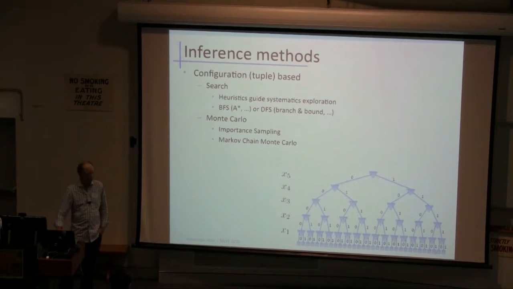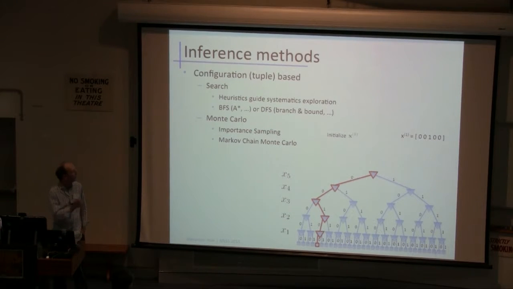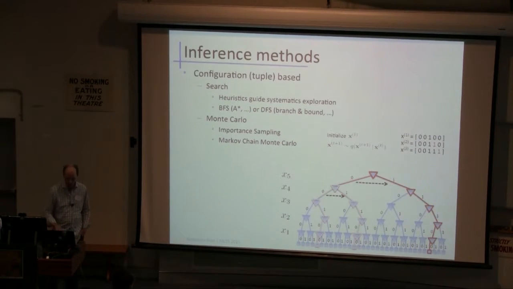Markov chain Monte Carlo works kind of the same way, right? We have a configuration of the entire system, and then that configuration changes as we do our Monte Carlo samples. So we update small parts of that system to switch configuration.